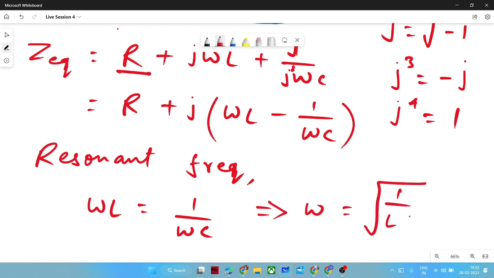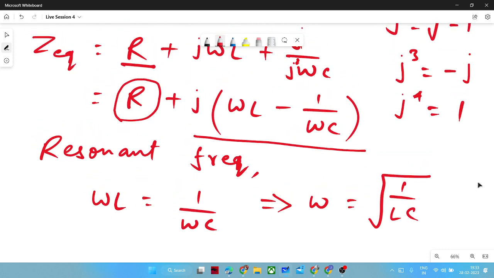That condition we discussed in the last session with diode and LC oscillation. So this is your resonance frequency. At this frequency, all your imaginary components die down and you are left with only real components, and in that case your power factor will be unity, right?